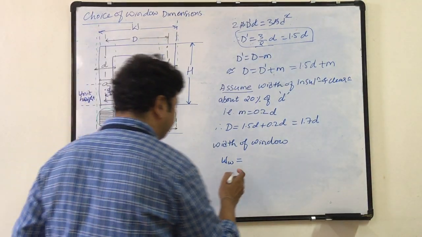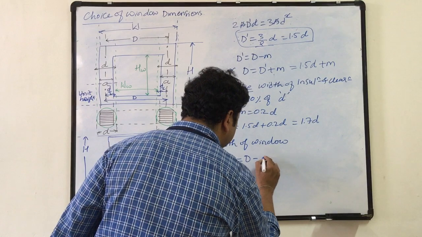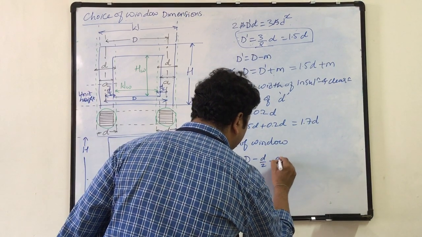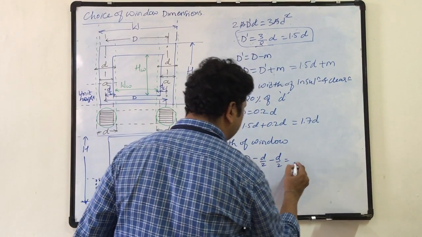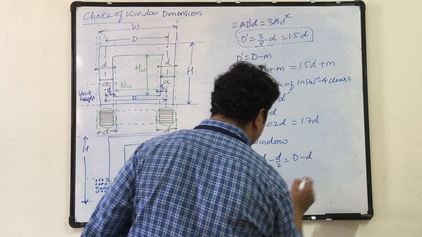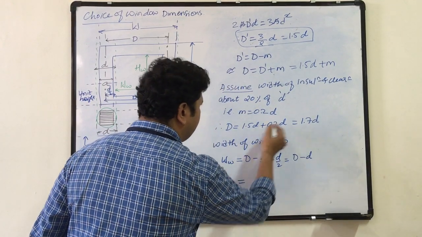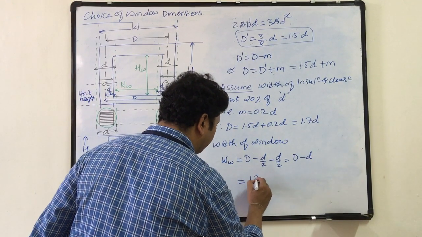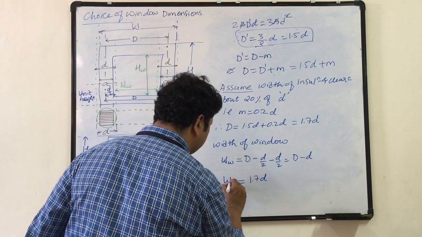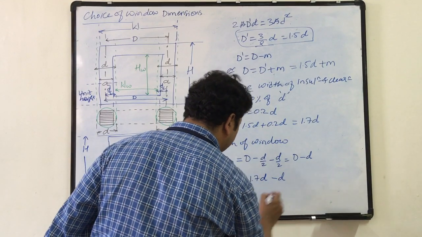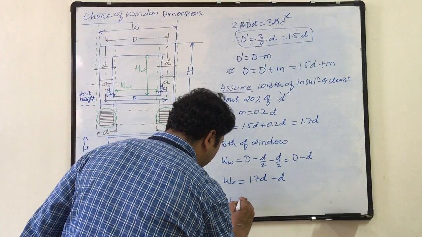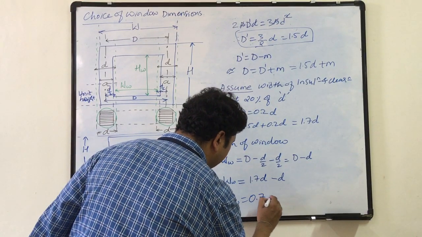So I can write D minus D by 2 minus D by 2, which equals D minus d. What is D? It is 1.7 small d. So 1.7 into small d minus d. Therefore, width of window is equal to 0.7 into d.